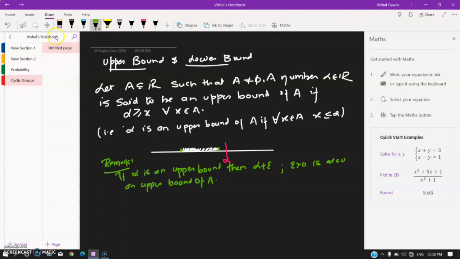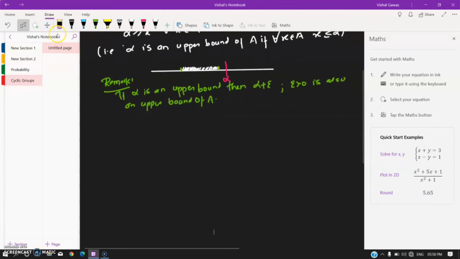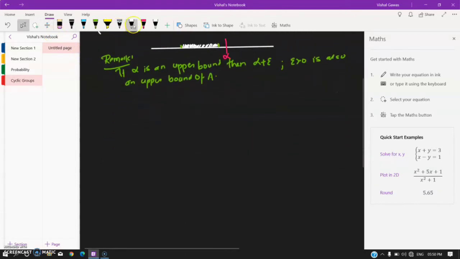This is fine. Anything bigger than alpha will also serve as an upper bound.